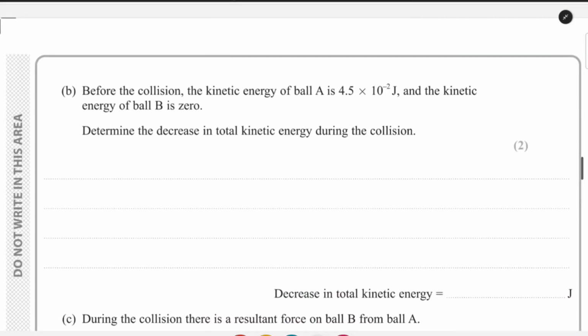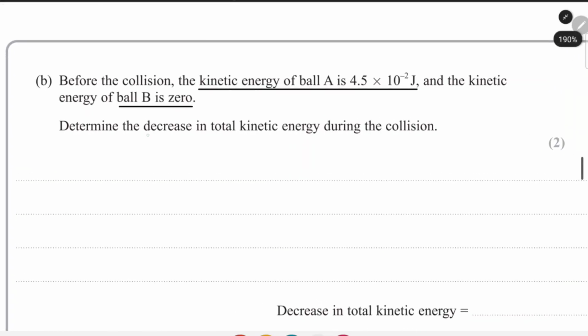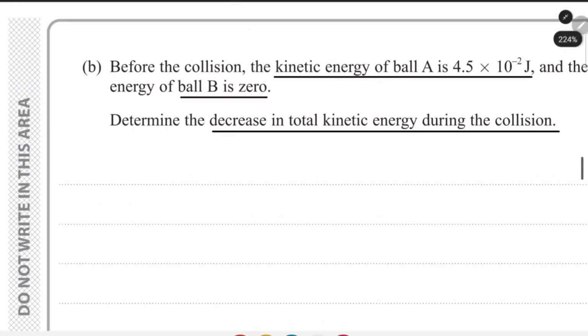Now moving to question B, we are given that before the collision the kinetic energy of ball A is this value and of ball B is 0. We have to determine the decrease in total kinetic energy during the collision.